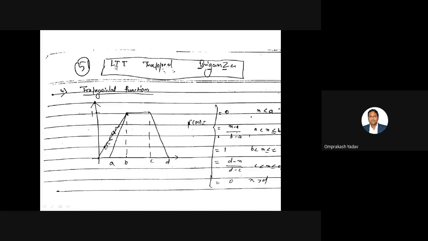So L function, T triangular, T trapezoidal, B bell shape, G Gaussian, and Z, ZA function. You can mark this. You can underline L, then T, then trapezoidal, then B, G, and ZA.